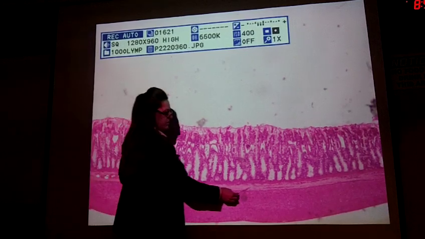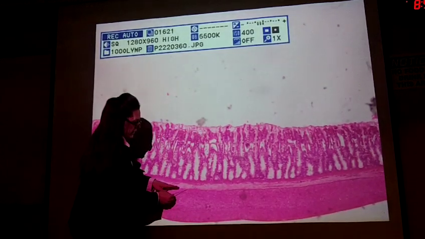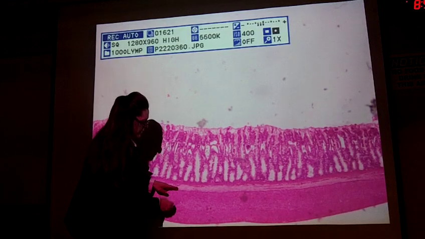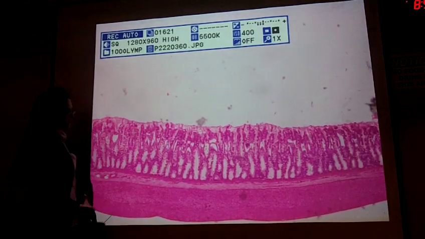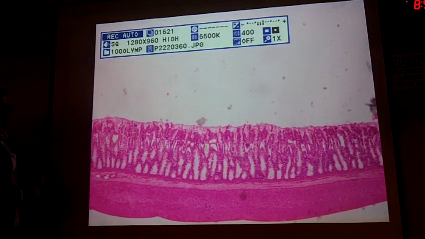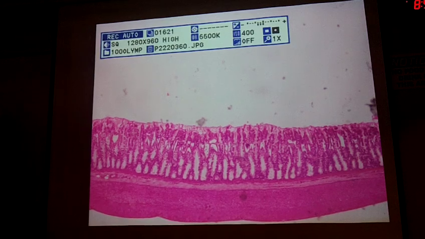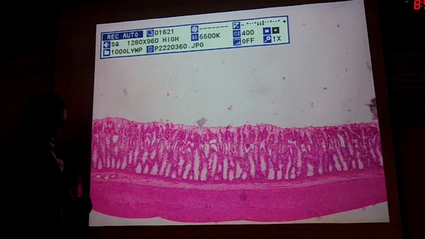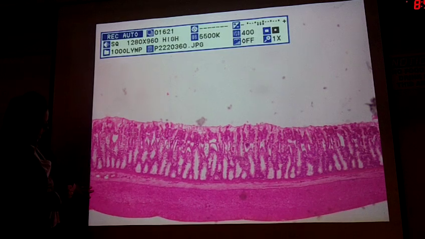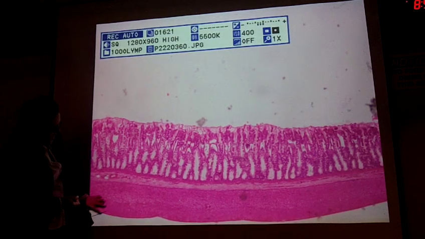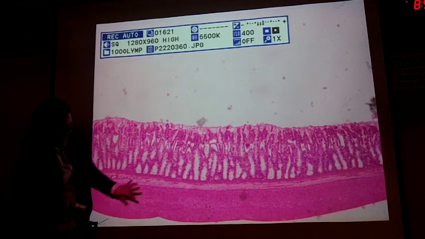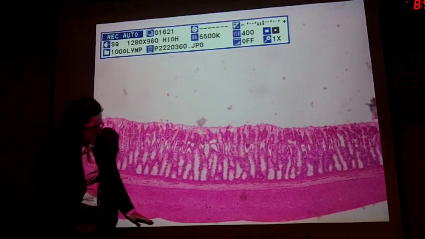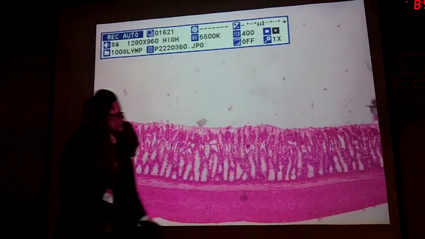And then down here is your muscularis externa. And in the muscularis externa, you have what are called taeniae coli, these three bands of longitudinal smooth muscle cells. But anyway, you don't need to worry about that in terms of this. But then the outside here would be the serosa.